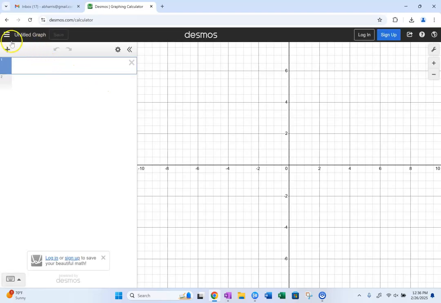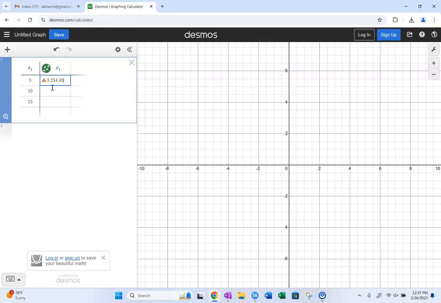We're going to go up to the left hand and click on the plus, click on table, and let's go ahead and put our years in. So it was 5, 10, and then 15. And then the population, the 5-year mark was 5,234,456.